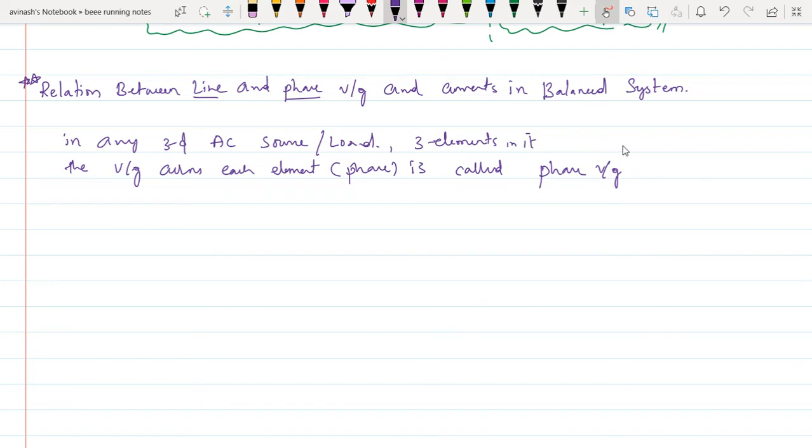And the voltage across the terminals which are connected to the lines is called the line voltage. Similarly, the current in the elements is called the phase current.